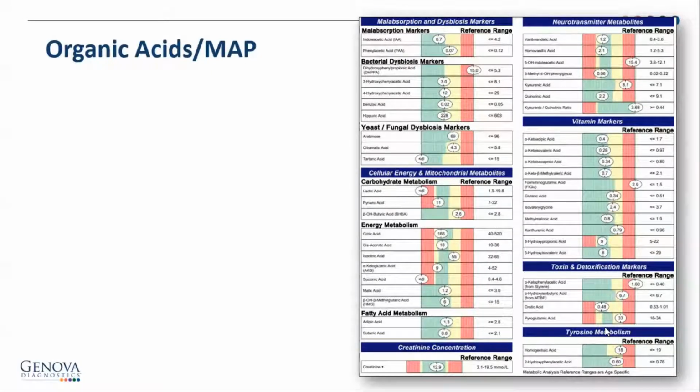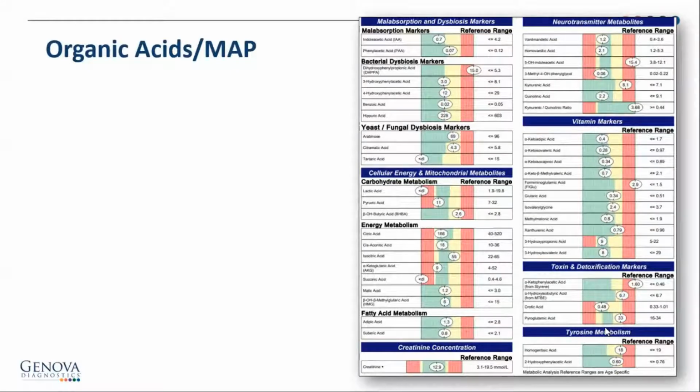And as they do that, they're altered by enzymes, maybe by bacterial activity in the gut. So as nutrients are altered, they become metabolic intermediaries. And that's what organic acids are. They're the metabolic intermediaries. And so the reason they have value when we look at a test like this is we can get a sense of very specific pathways based on changes in the intermediary metabolites.